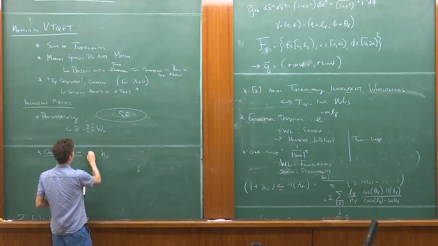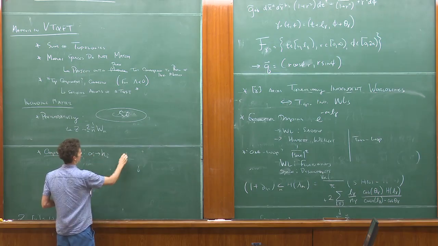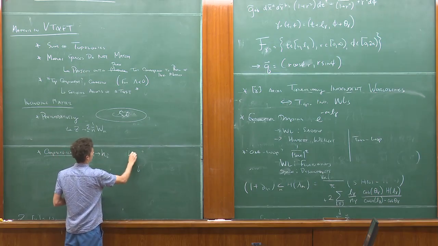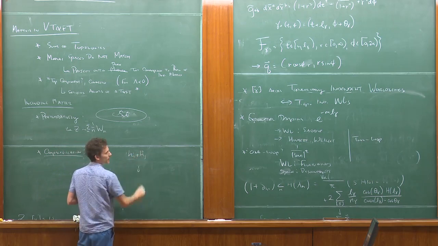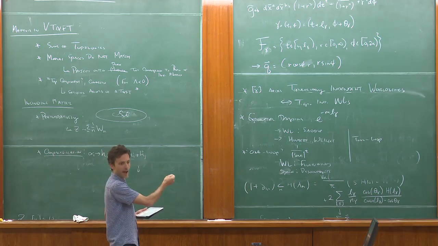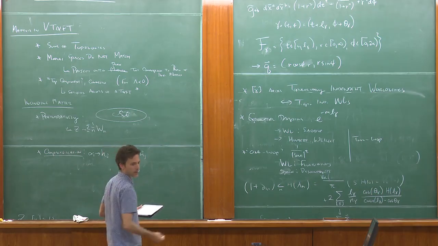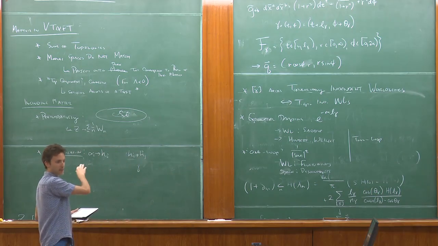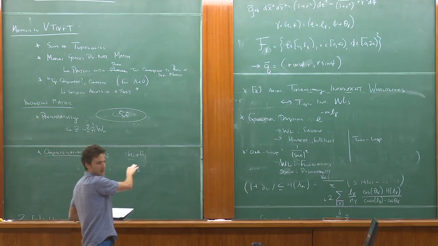But to each conical deficit there's an h_i, and when I bring these two conical deficits together, the h_i should add. So this is some nonlinear back reaction of the conical deficits. They don't just add, but have some nonlinear relation to each other. And as far as we can tell, this seems to be the right compactification of this moduli space.